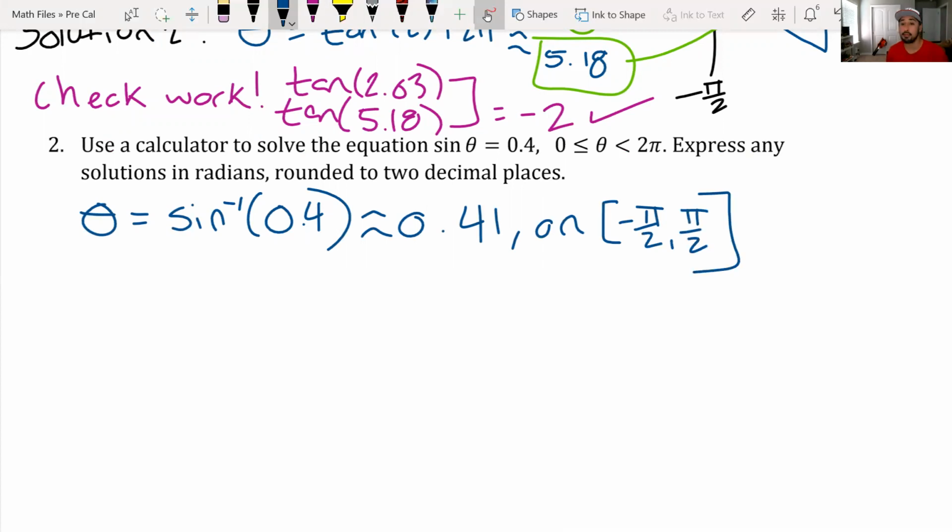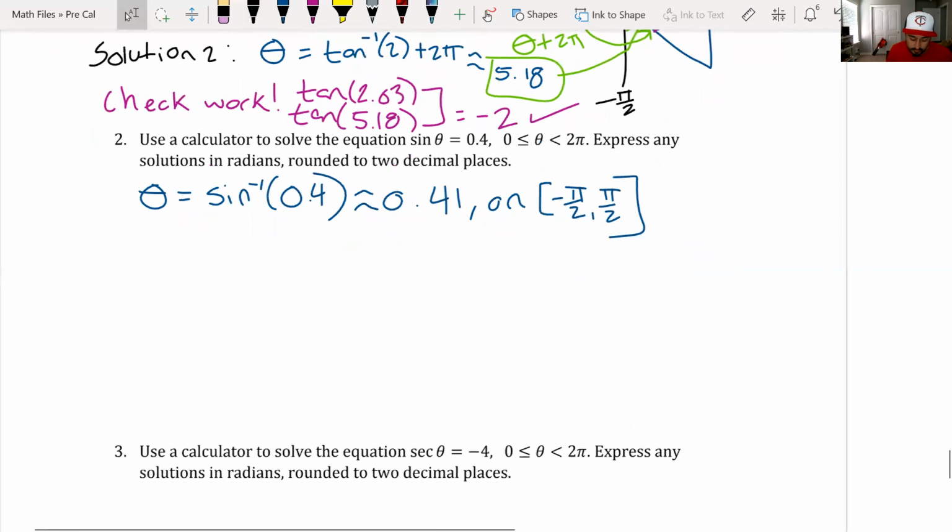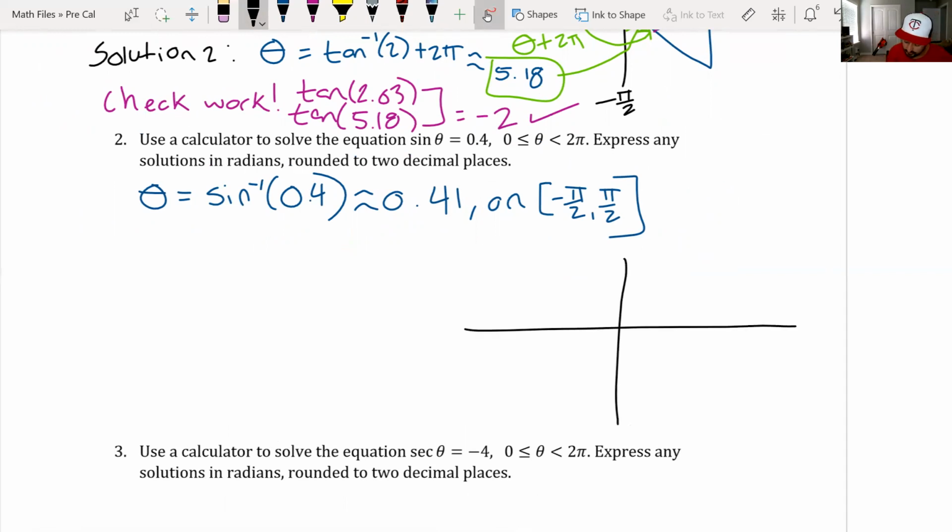Now remember, we're looking for values on the unit circle still, 0 to 2 pi. So let's draw the unit circle again. Here's the unit circle. Down there's -pi/2. Here's pi/2 and 0. Well, the inverse sine of 0.4 gives me a positive 0.41.